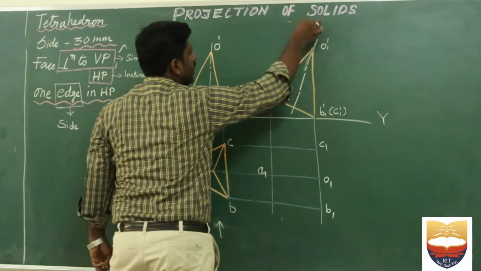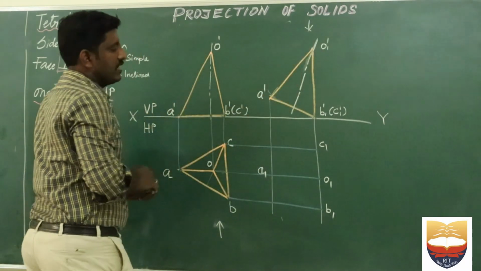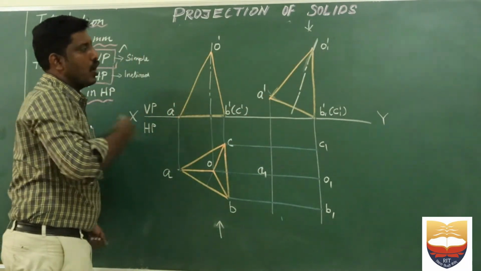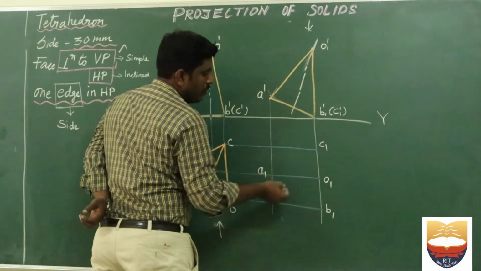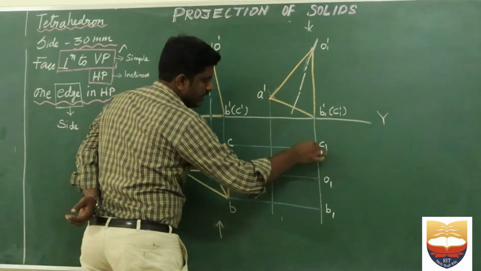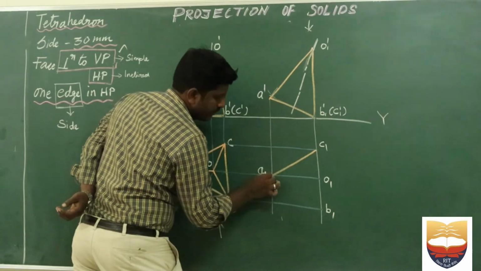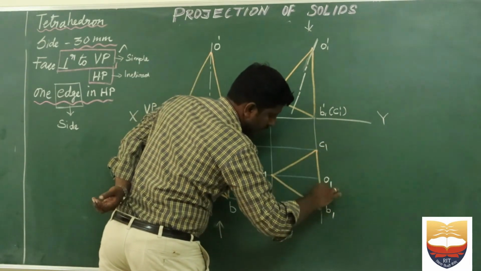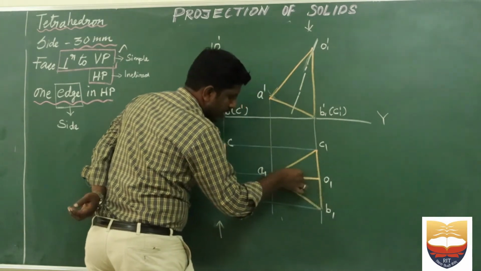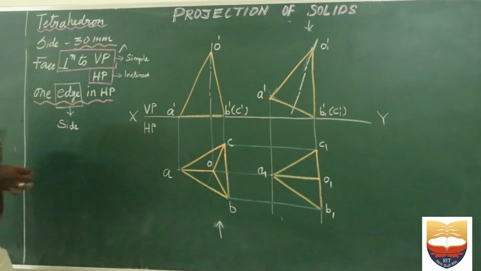If I look from here, I can see the entire object. I can see O, A, B and C, so that will be a continuous line here. And I can see A to O directly.